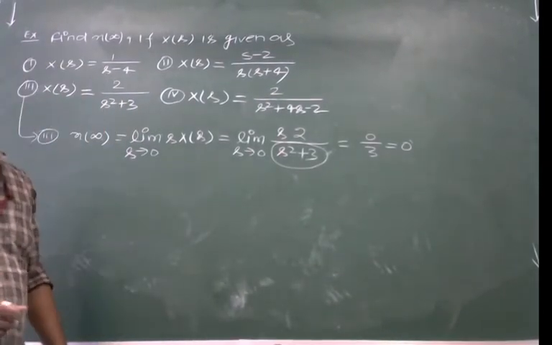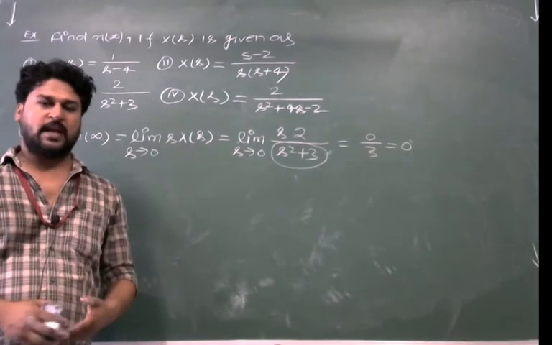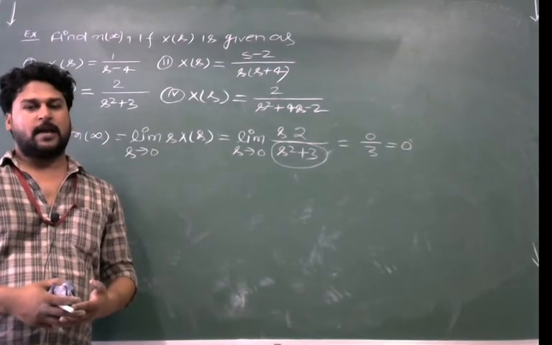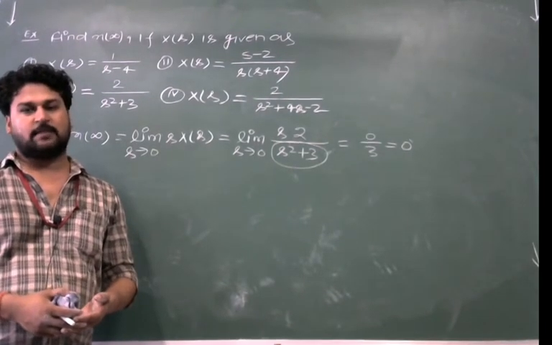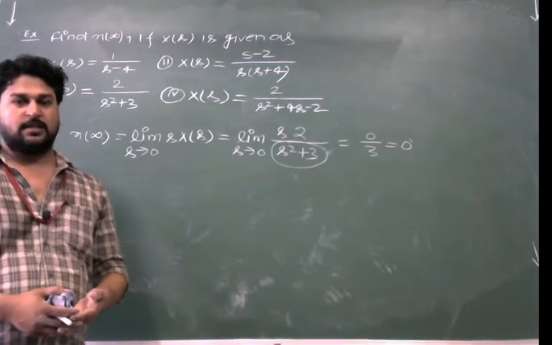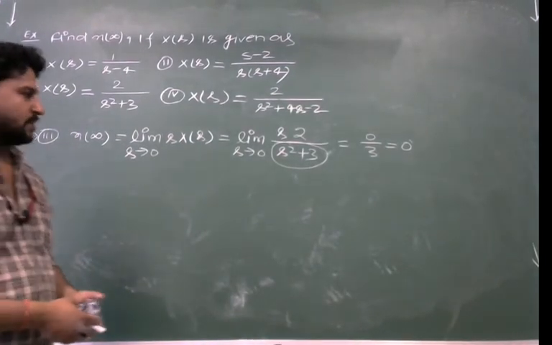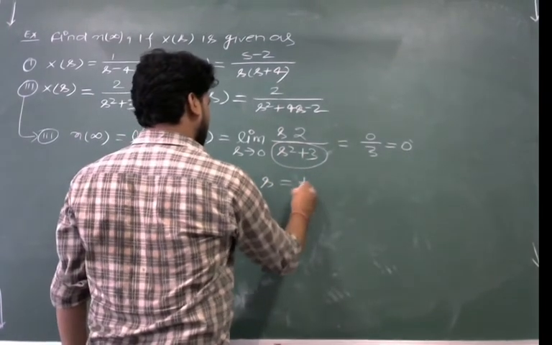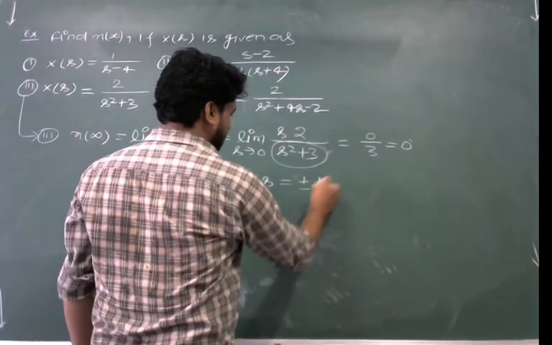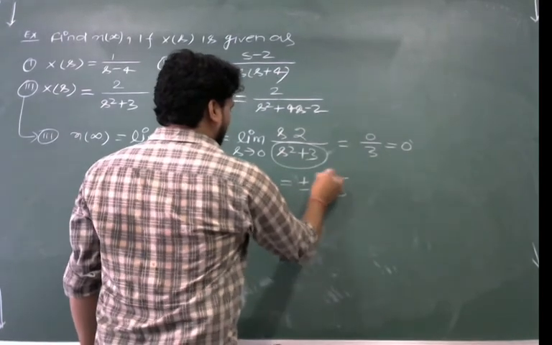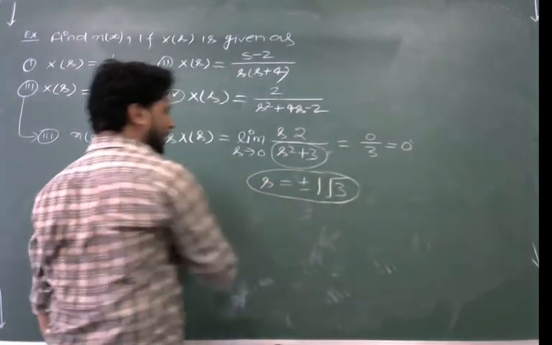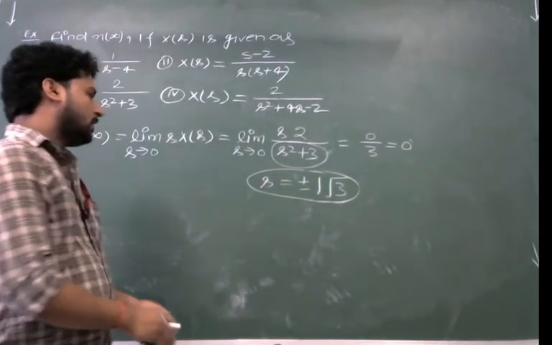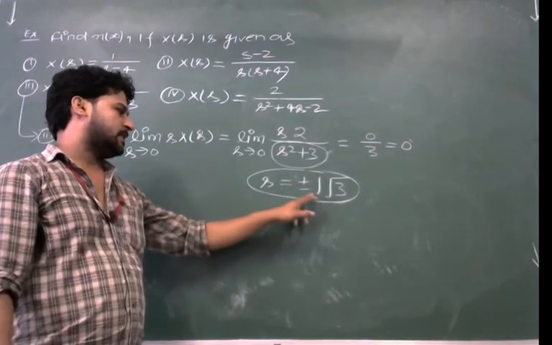Always remember, when we are going to apply the final value theorem, we have to always check the position of the poles in the given relation. In the Laplace transform, here the poles will lie at s is equal to plus minus j root 3, and these poles will exist on the j omega axis.